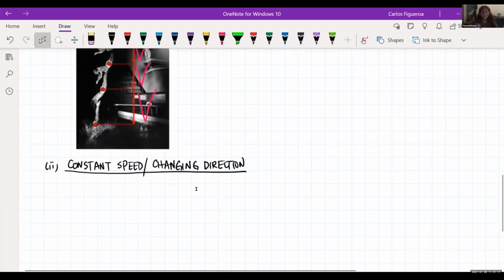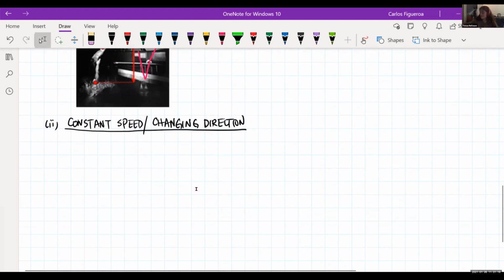So in this case here, what you're going to find is that this really talks about turning motion. If I'm driving at a constant speed, we know that we have to have equal intervals.